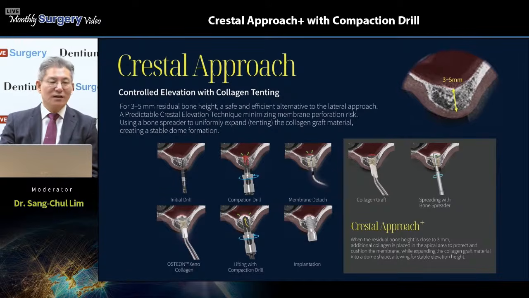And after that, making some space and filling with Osteon xenocollagen, collagenated bone. The particle is Osteon Xeno, right? The bovine source xenograft material and the collagen bone are inserted, and then using the compaction drill again, make it more and more.